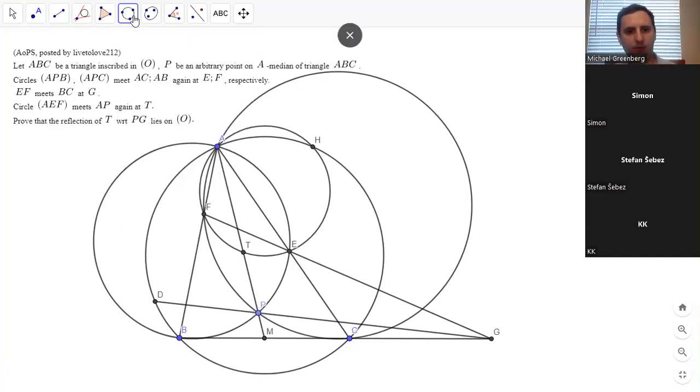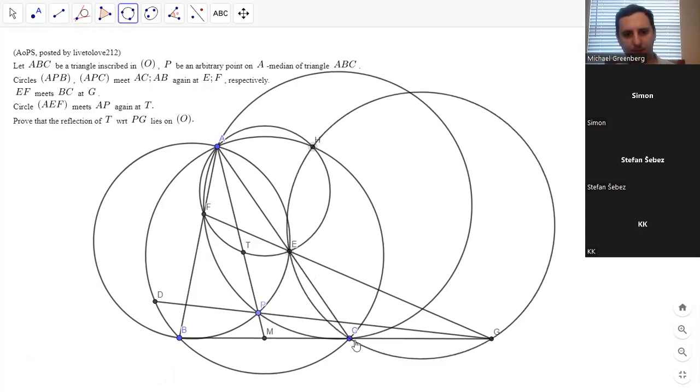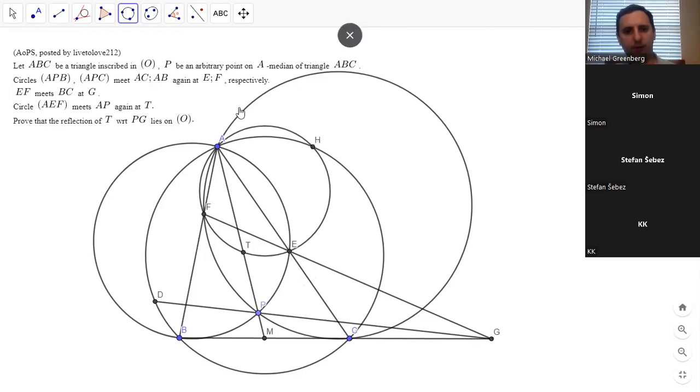But since this is the Miquel point, we know HECG is cyclic, right? Or actually, is that obvious? Or is that only true if P is on the median? That's not true in general, right? We know that these concur, but we don't know they concur on a point on the circumcircle. Does the Miquel point always lie on the circumcircle of ABC too?